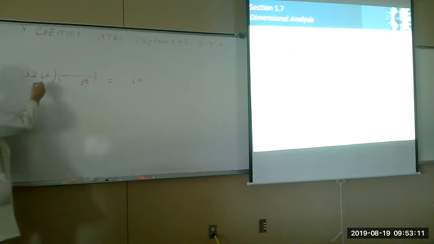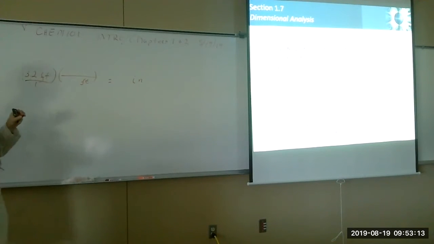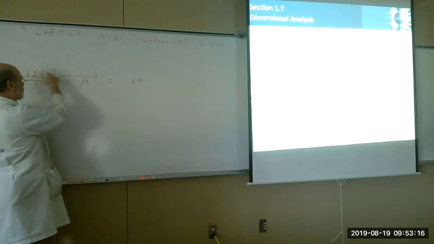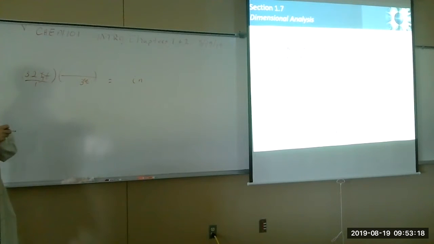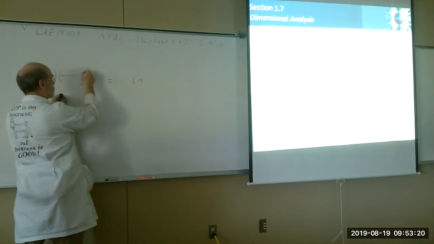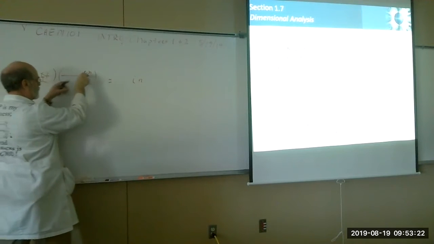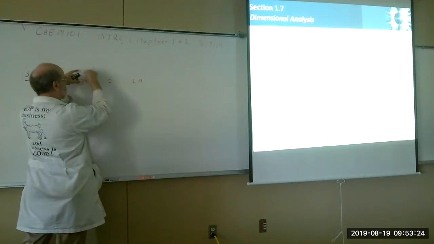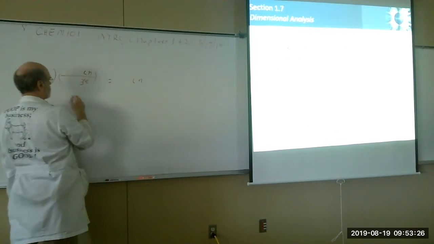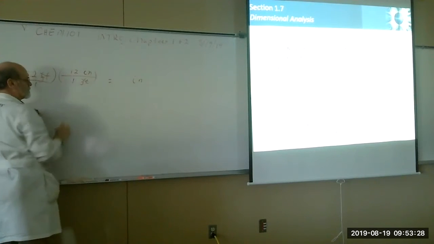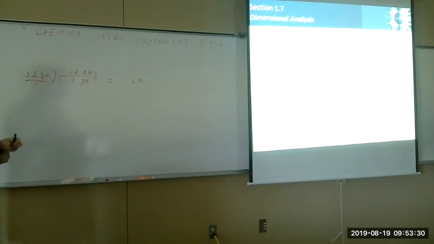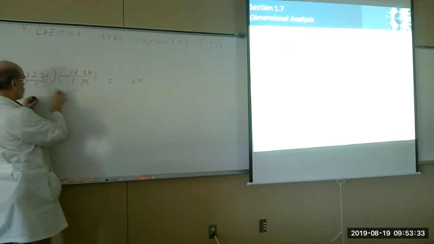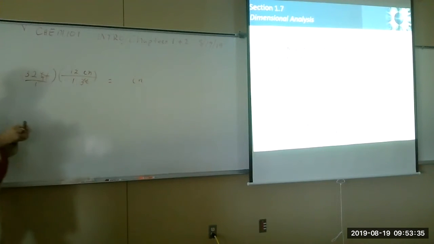This is the numerator. So this has to be in the denominator in order for that to cancel. So you need something up here that will give you, because this is going to be retained in the answer, 1 foot equals 12 inches. So that way, you cancel the feet, leave yourself with inches.